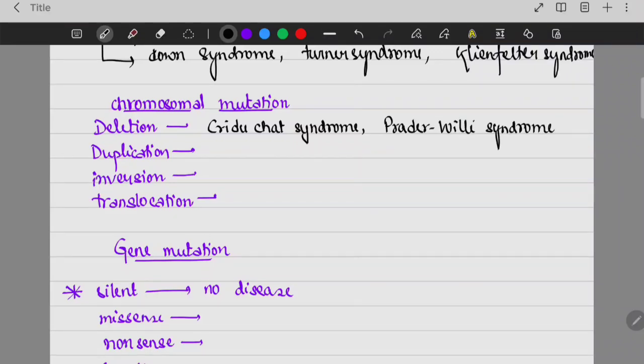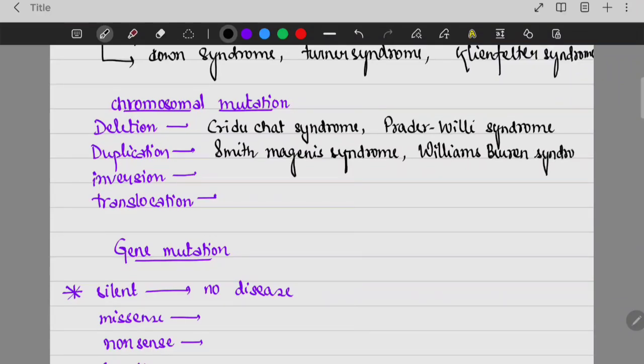Under duplication, some are Smith-Magenis syndrome and another is Williams-Beuren syndrome. These examples are given so that when you are asked about the mutations, you can give the examples in viva or in MCQs. You don't have to remember each and every disease. It is difficult for you to understand all these diseases now.